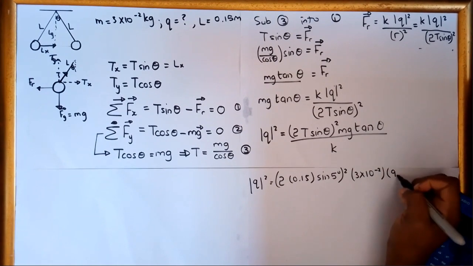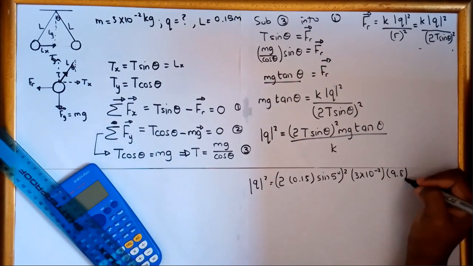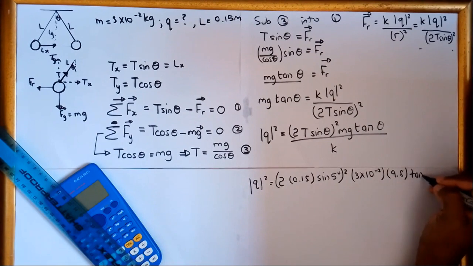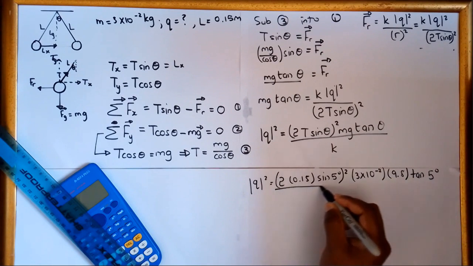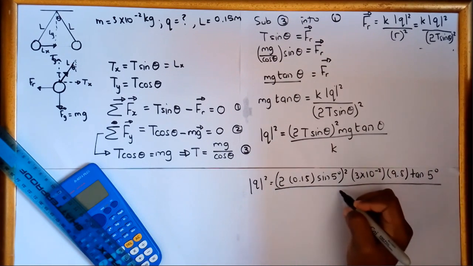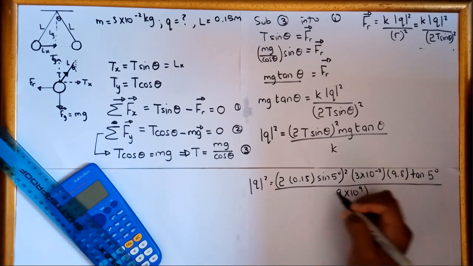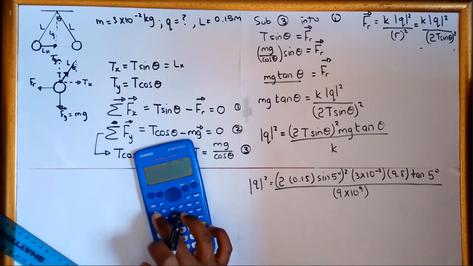Our g is 9,8, times tan of 5 degrees, divided by 9 times 10 to the power of 9.